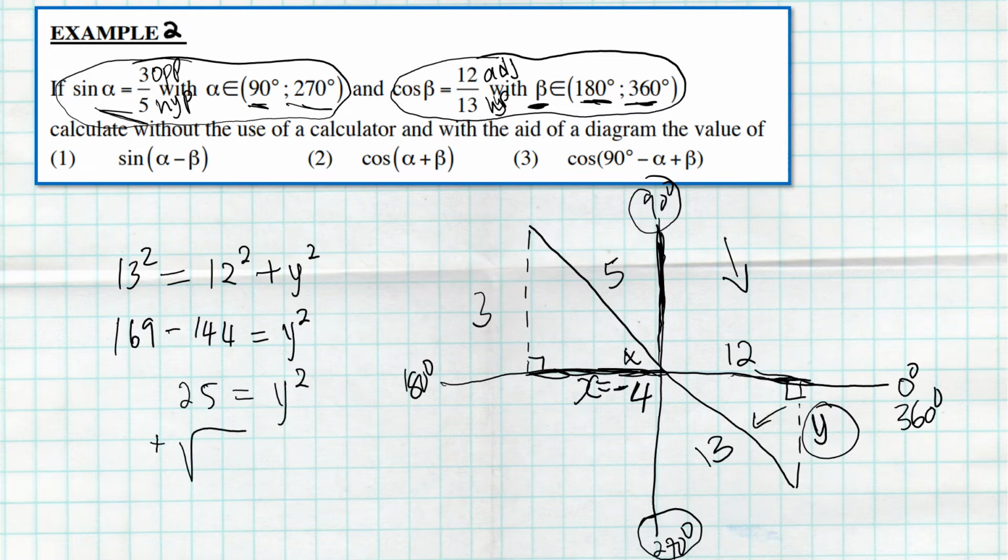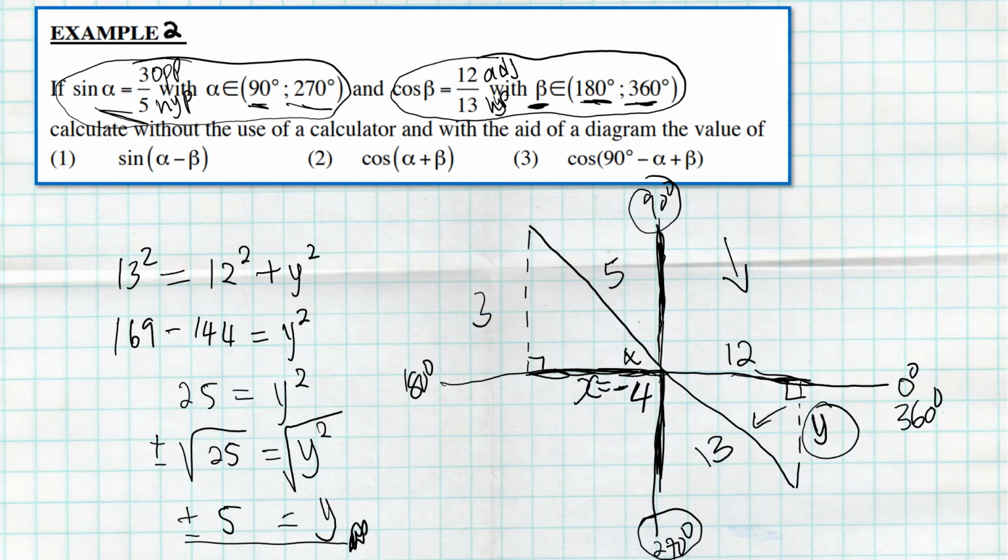To get my y, plus or minus the root of 25. So y will be plus or minus 5. Let's check: is our y on the positive side or on the negative side of y? It's on the negative side, so our y must be negative 5 there.